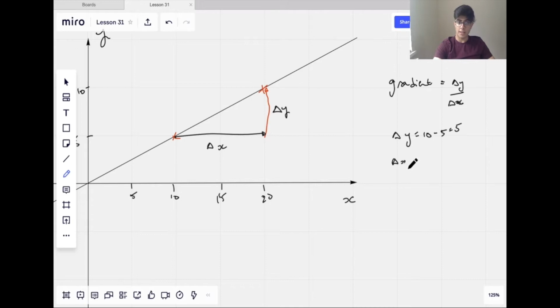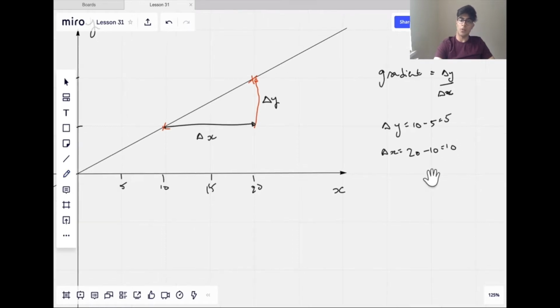And the change in x, delta x, is equal to 20 minus 10, which is 10. Therefore, the gradient is equal to 5 divided by 10, which comes out neatly to a half.